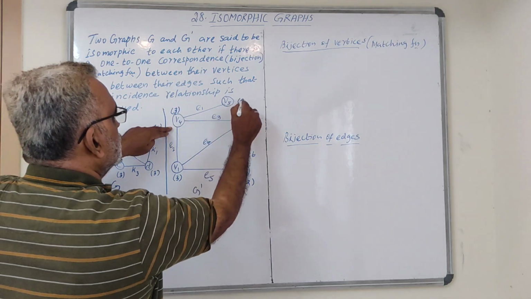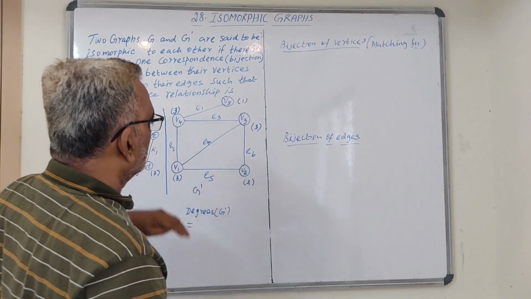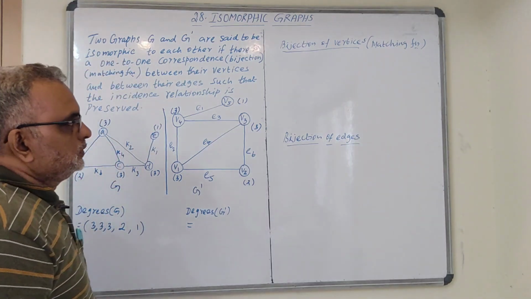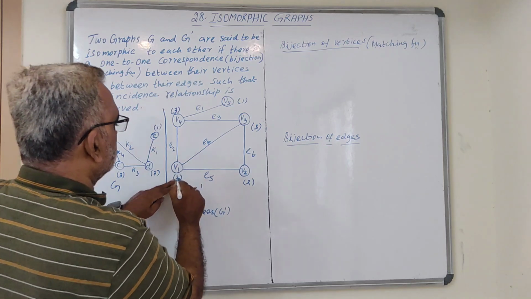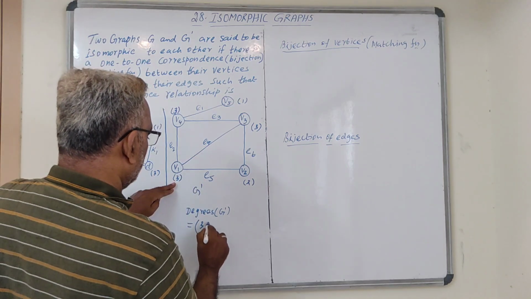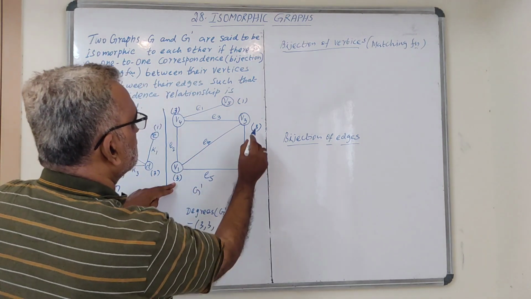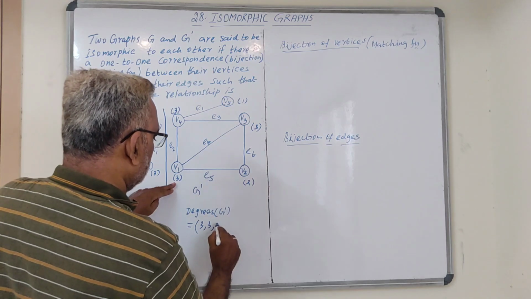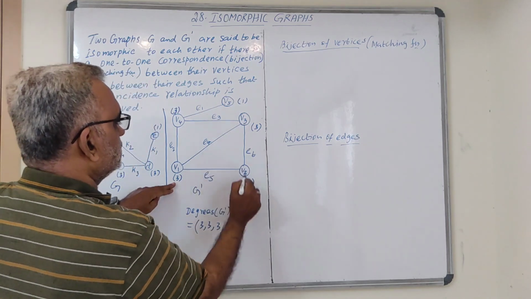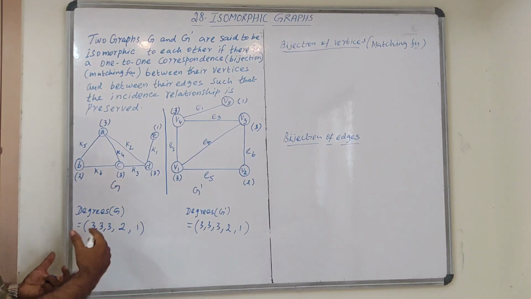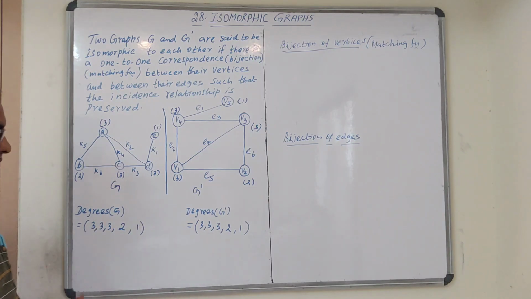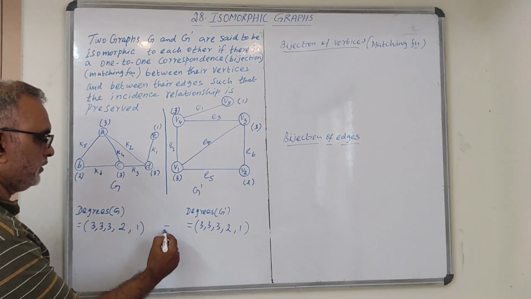For V5 it is only 1 edge. So if you write again in descending order, it is 3, 3, 3, 3, then 2 and 1. So if you compare the degrees of the vertices, they are same, they are equal.